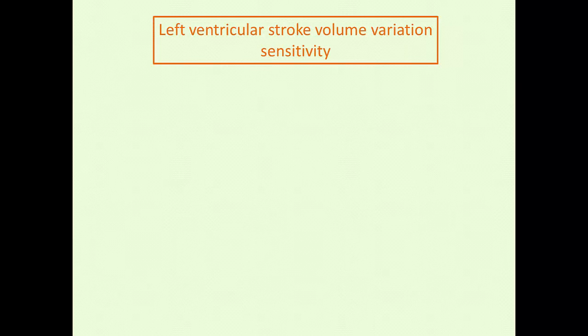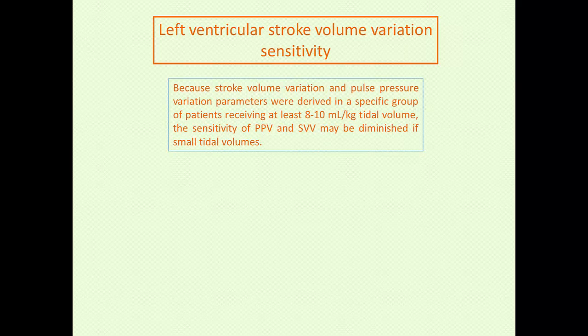By similar reasoning, you can argue why left ventricular stroke volume variation may have an impaired sensitivity. Because stroke volume variation and pulse pressure variation parameters were derived in a very specific group of patients receiving 8 to 10 cc's per kilogram of tidal volume, the sensitivity of pulse pressure and stroke volume variation will be diminished if tidal volumes are smaller, because if you reduce the tidal volume, you may not induce the same change in intrathoracic pressure.